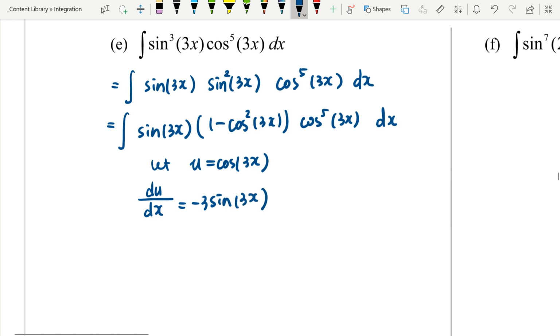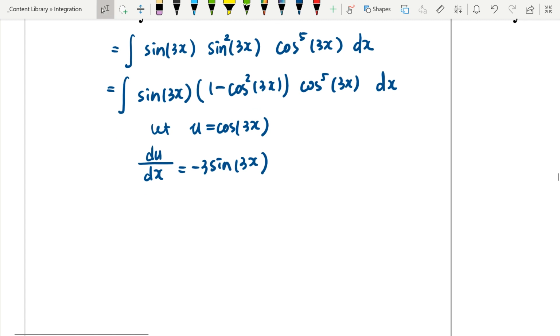When we differentiate that, we have minus 3 sine 3x. dx is 1 over that of du.